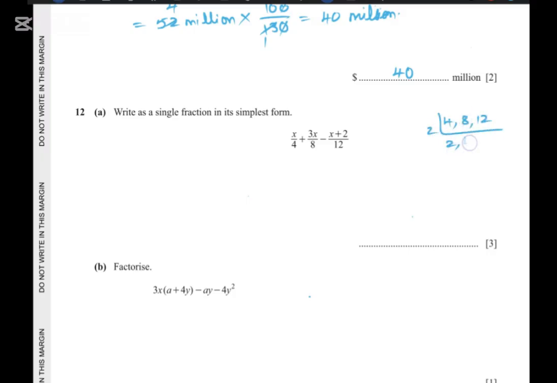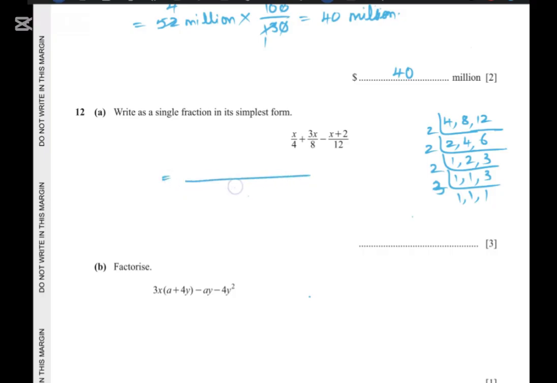2 2s are 2, 2 4s are 4, 2 3s are 6, 2 6s are... then 2 1s are 2, 2 2s are 4, 2 3s are 6, 2 1s, 2 1s, 3 as it is. So 2 into 2 into 2 into 3, that is 24.